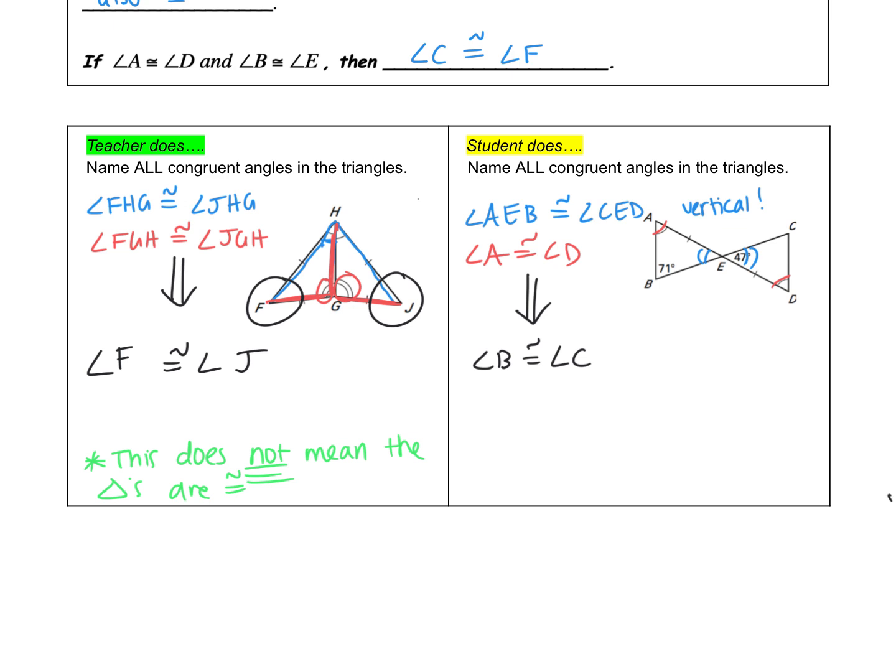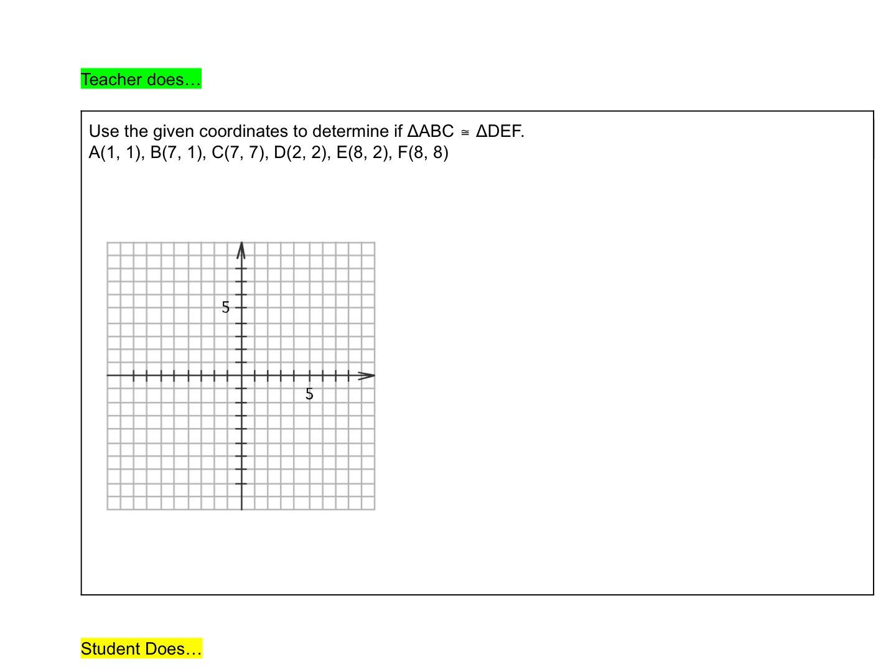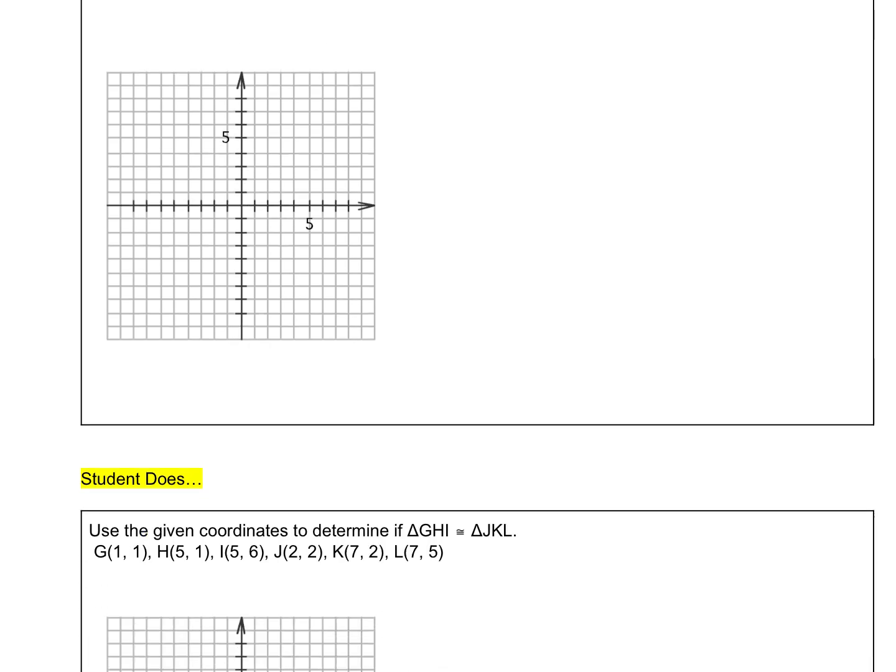Last page has 2 problems. We are going to do one together and then that's it. This page says use the given coordinates to determine if triangle ABC is congruent to triangle DEF. Looking at this, is triangle ABC congruent to triangle DEF?